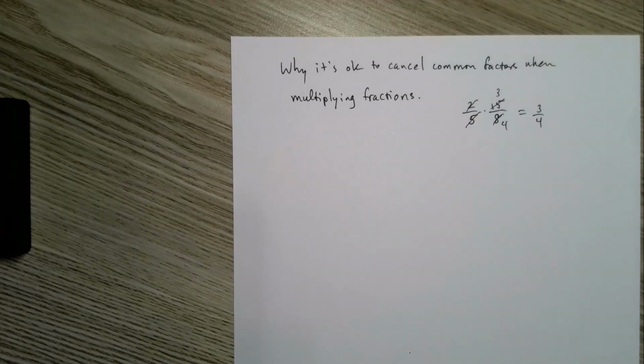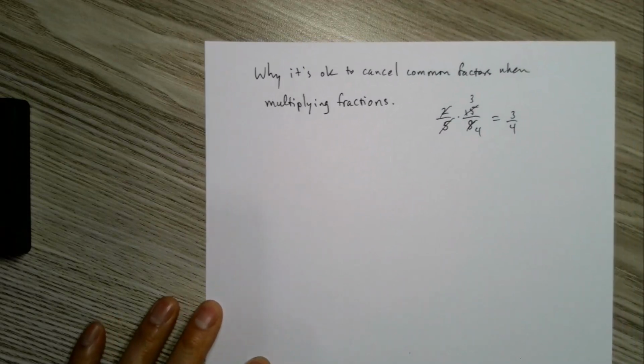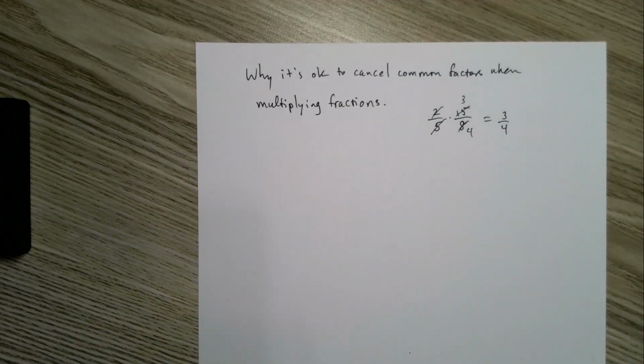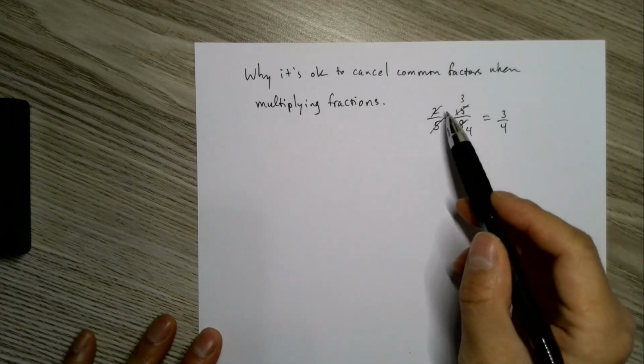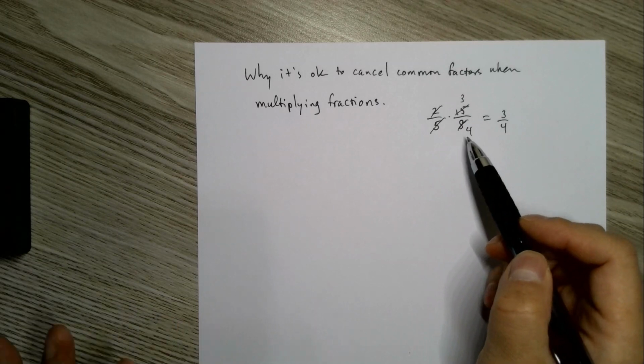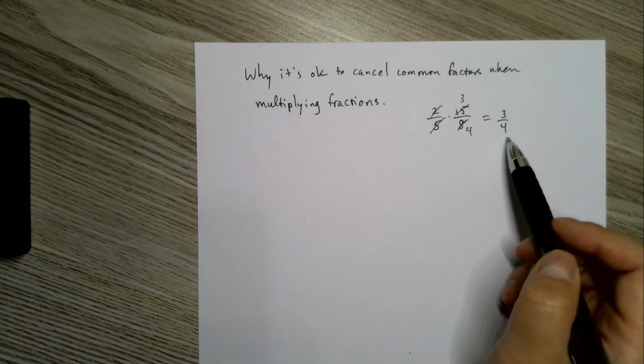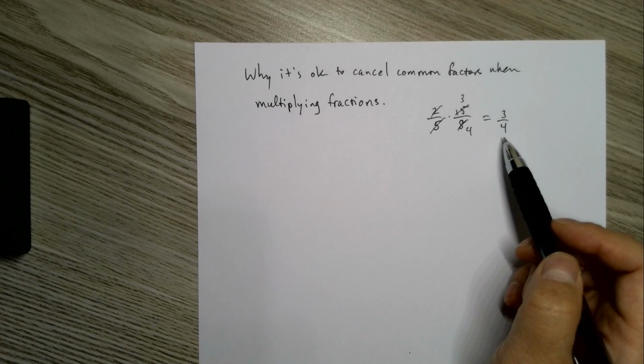So that's the purpose of this video. I'm going to explain why the steps I just did for 2/5 times 15/8 are legal and lead you to the correct answer of 3/4.